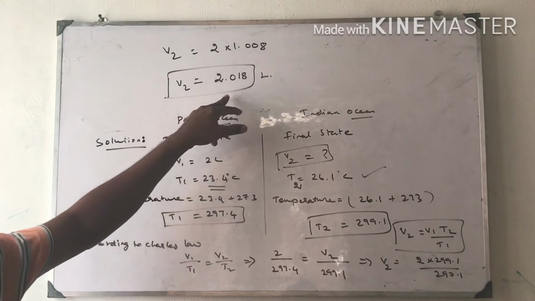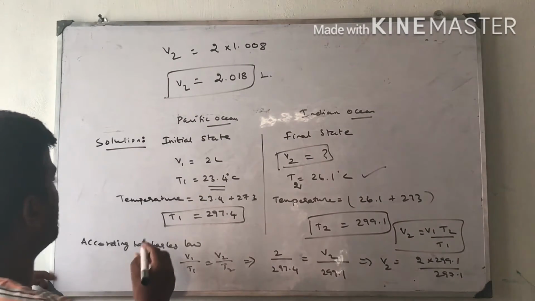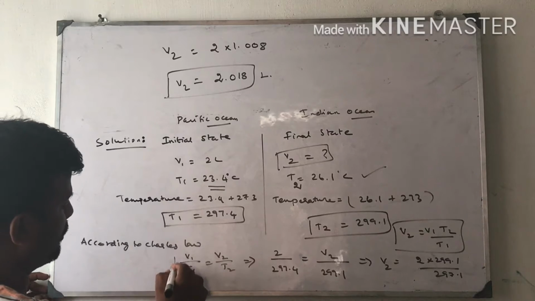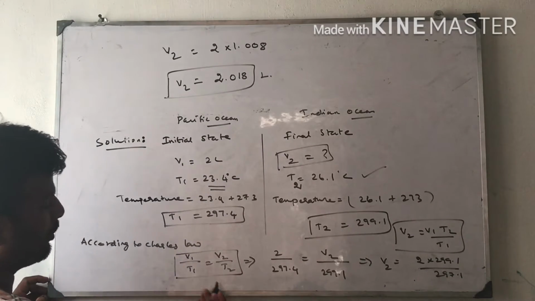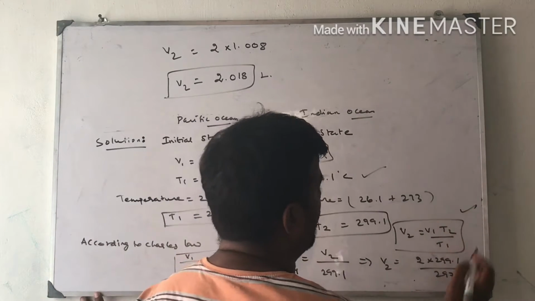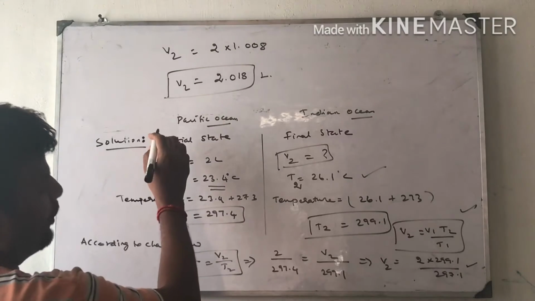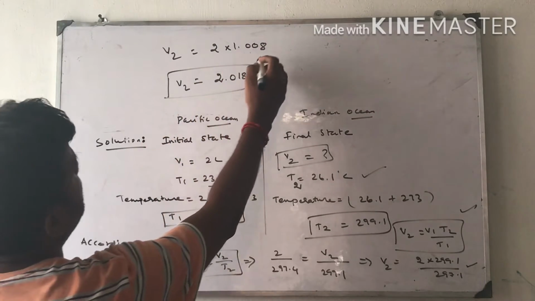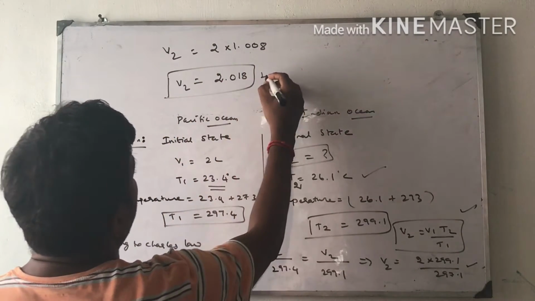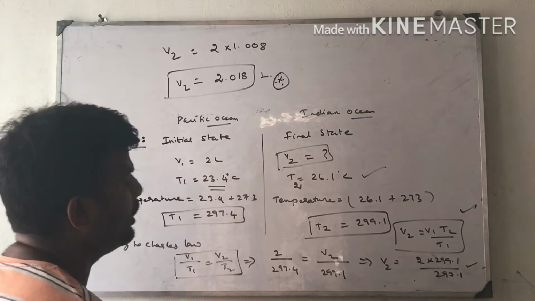First I use this formula, Charles law, V1 by T1 is equal to V2 by T2, substituting the values and adjusting the formula, and finally we get 2 into 1.008, that is equal to 2.108 liters. This is the answer for this question.